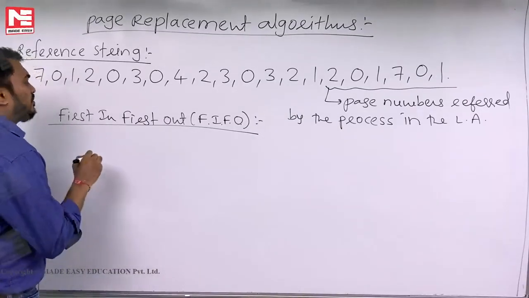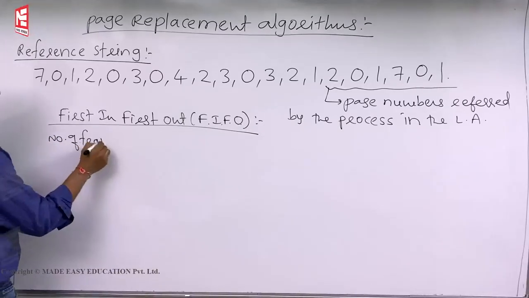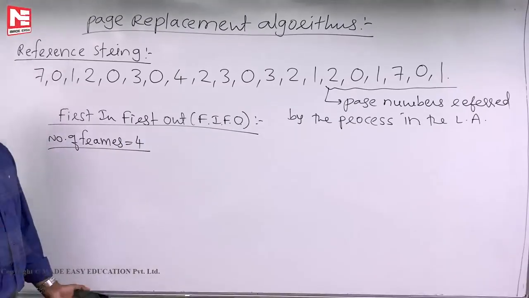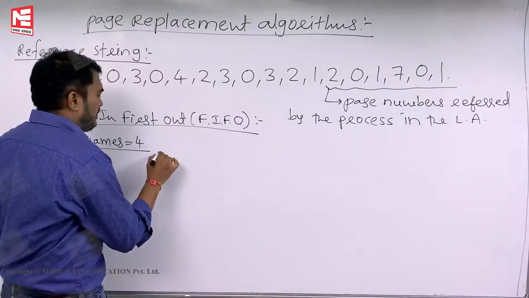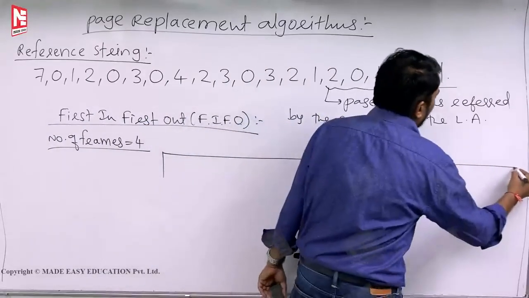I am assuming the number of frames allocated to the process is 4. Let's say I am allocating 4 frames to the process, just for easy understanding. Now how many page faults are we going to get? That we need to find out. So please copy this.